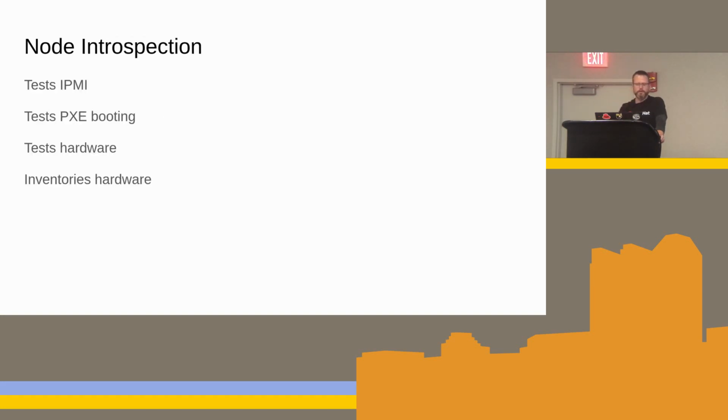So introspection tests IPMI, right? Obviously, it issues the commands that you would need for a production implementation. It tests the PXE booting. It tests the hardware, makes sure it's up and working, and then it inventories the hardware, which is always very important because if you have different machines with different capabilities, they may have different roles.